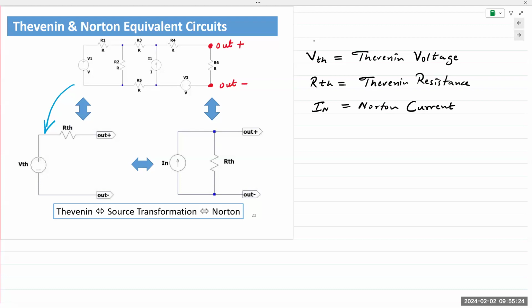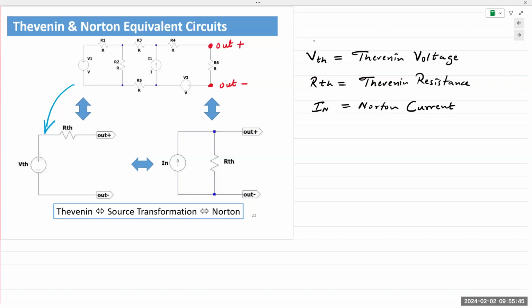Note that the Norton circuit has the same Thevenin resistance. Sometimes people like to refer to that Thevenin resistance as RN, Norton resistance, if they're working with Norton current. But it means the exact same thing as RTH. If you look at a different book, different authors like to use their own notation.